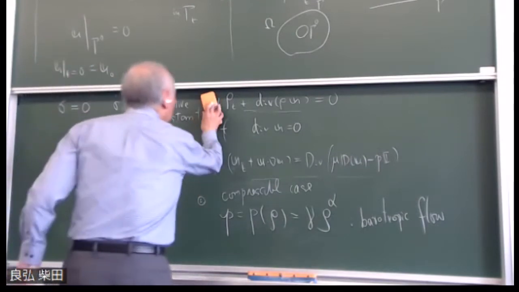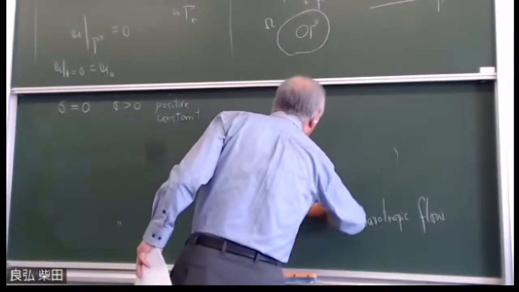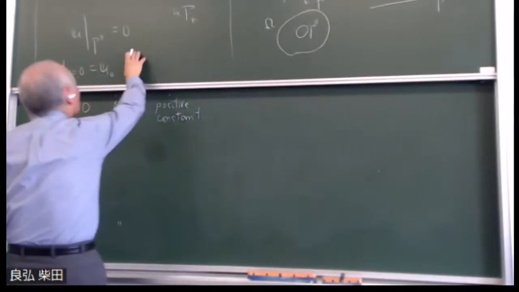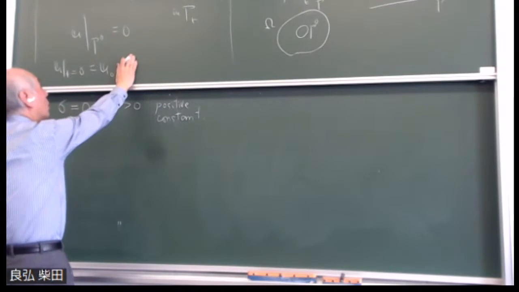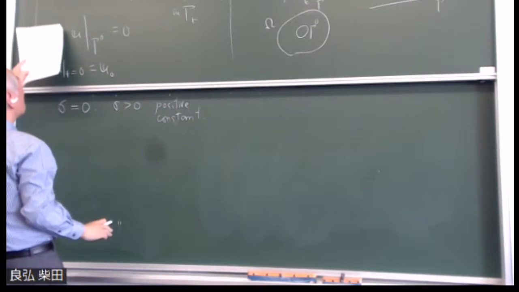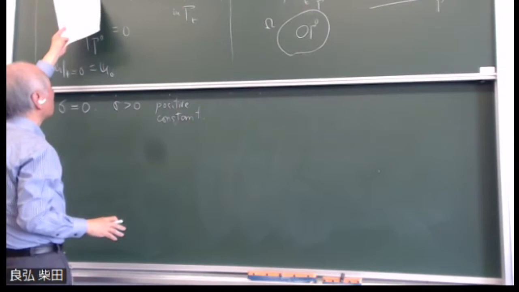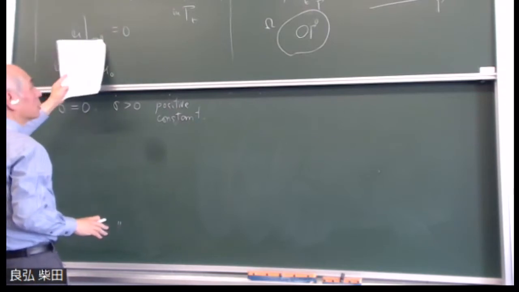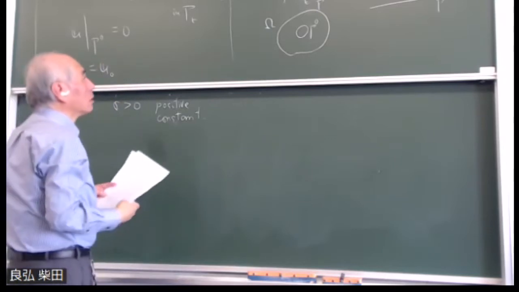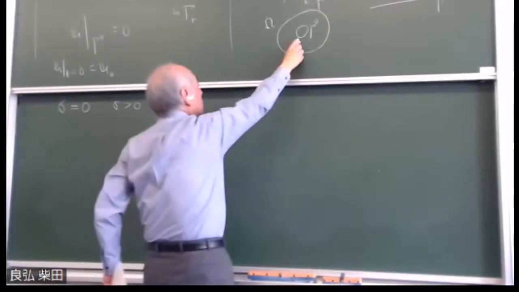So this also takes time. But anyway, then we consider these Navier-Stokes equations in omega t with these natural boundary conditions. The first condition guarantees the conservation of momentum. And the second one is a more physical boundary condition: the flow is fixed here.